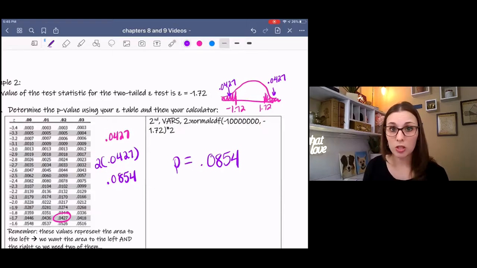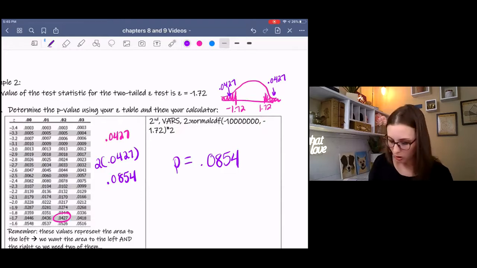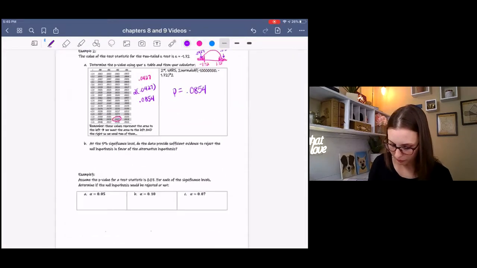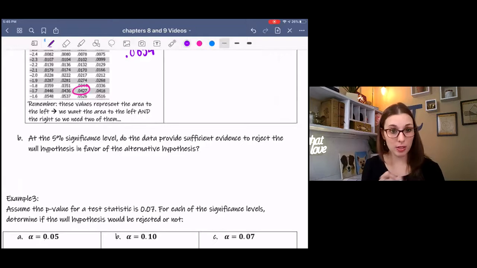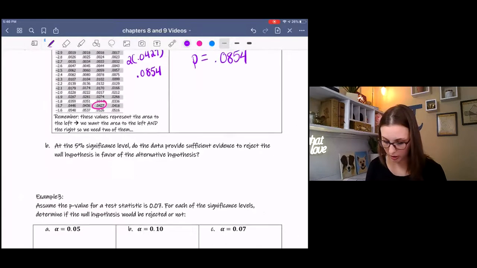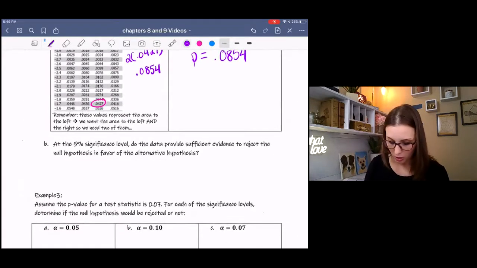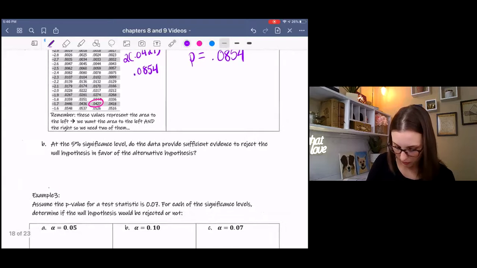Again, we cannot make any conclusions at this point because I don't know the significance level. It may be 1%, 2%, 5%, 10%, we're not sure. So we'll go down a little bit further and see what the significance level is. In this problem, it is 5%. So we've got our little curve. 5% is split up into 0.025 on each side.